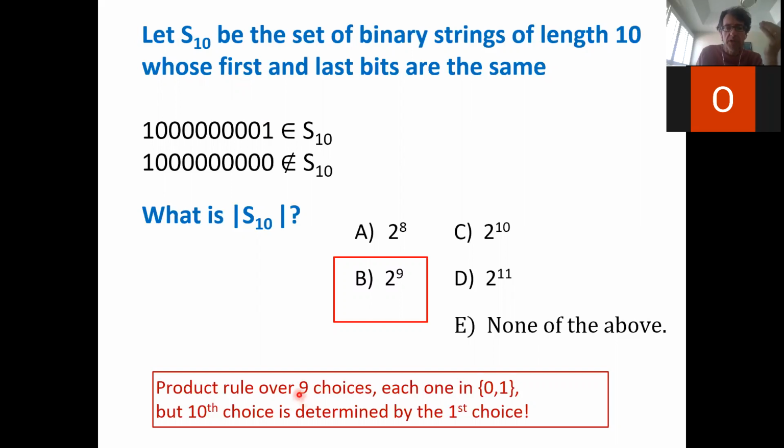The bijection takes a 9-digit string and creates a 10-digit string from it as follows: copies the 9 bits and then copies the first bit into the 10th position. Is it a bijection? Well, did it create any collisions? No. Did it cover everybody in here? Yes. So that's why the two sets have the same number of elements.